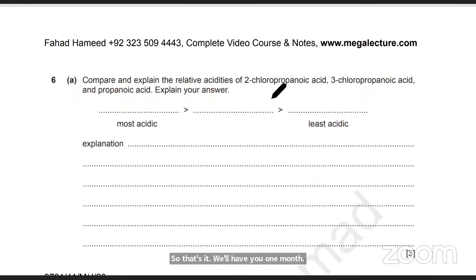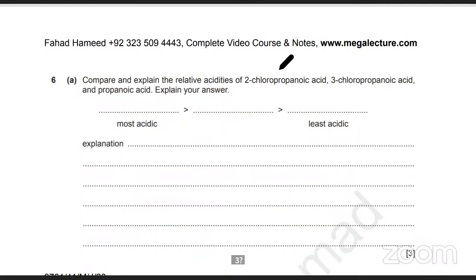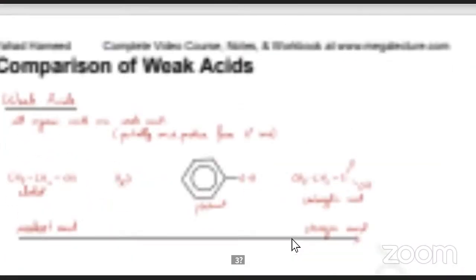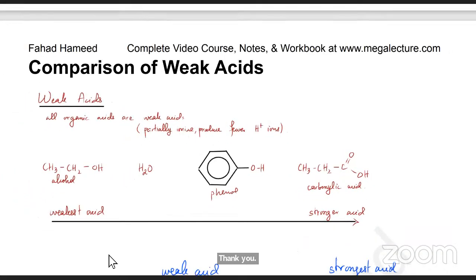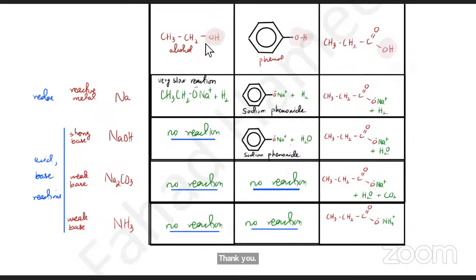Okay, most acidic, least acidic. Who's the least acidic out of all these three? Hydrolysis is finished. 3-chloro-propanoic. No, 3-chloro won't be it. Okay, let me discuss a comparison of weak acids. First thing is the weakest one is an alcohol, not really acidic.